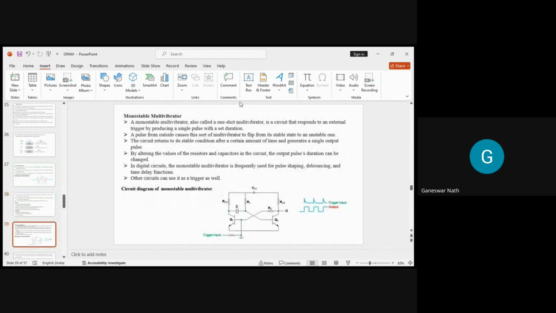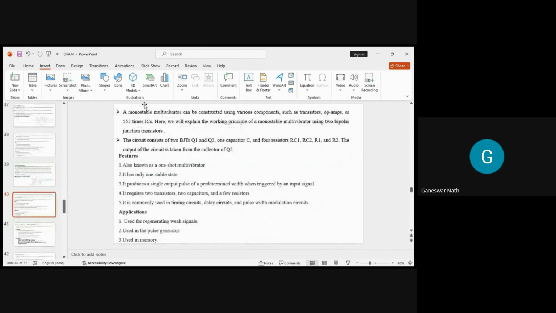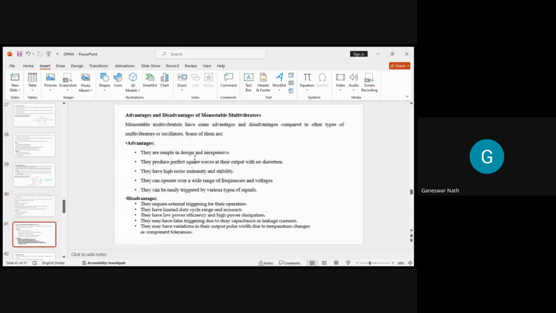So here you can find the two BJT transistors Q1, Q2, two capacitors, and four resistors RC1, RC2, R1, R2. The output of the circuit is taken from the collector terminal of the first transistor.